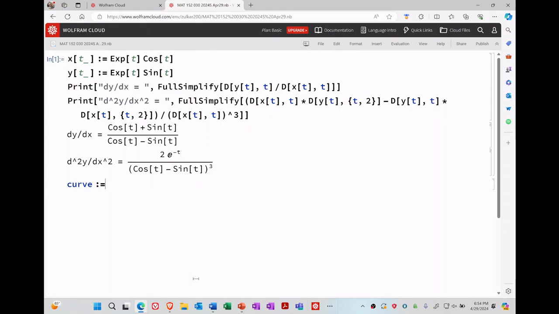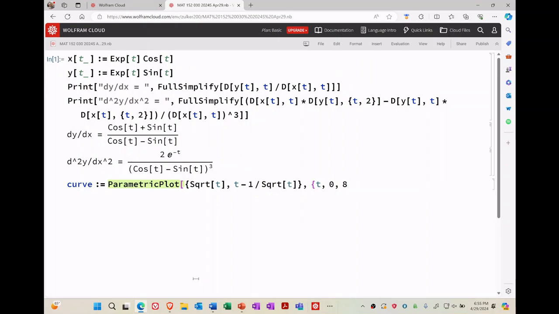And so to find our curve, it's a parametric curve, so we're using parametric plot. X was root t. Y was t minus 1 over root t. T goes from, let's do 0 to 8.